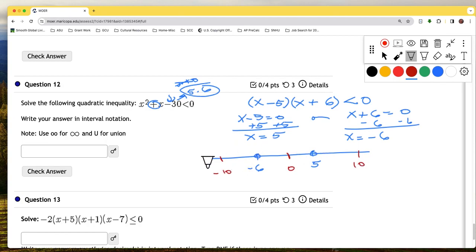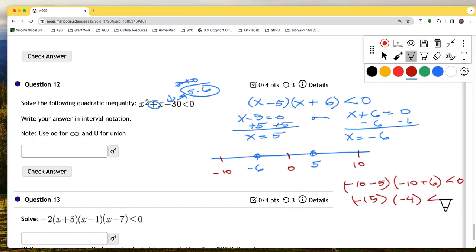So what I'll do is I'll put in negative 10 up here. So we get negative 10 minus 5. Right, that's going to be negative. Negative 10 plus 6, that's going to be negative. Is that going to be less than 0? Well, no. This gives us negative 15. This gives us negative 4.